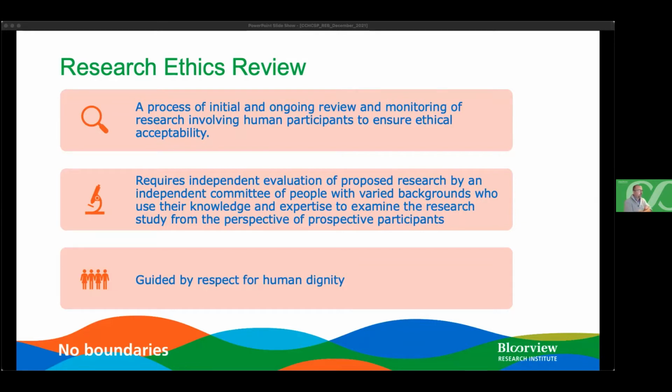It requires independent evaluation of proposed research by an independent committee of people with varied backgrounds who use their knowledge and expertise to examine the research study from the perspective of prospective participants. And I'll shed some light on the nature of the independence of the committee when we talk about the board itself. And of course, we do all of this guided by respect for human dignity.